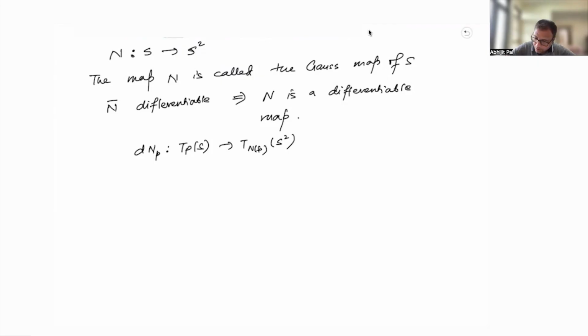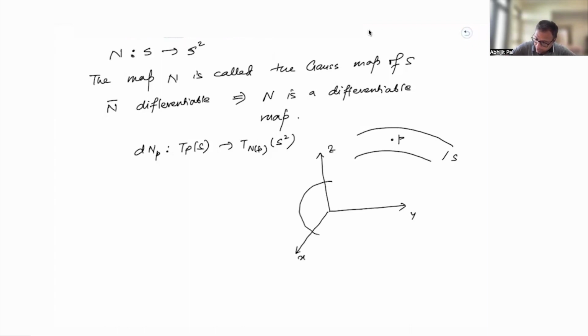Let us take this surface S, and this is my point P. And these are my coordinate axes. And I have the unit sphere here.